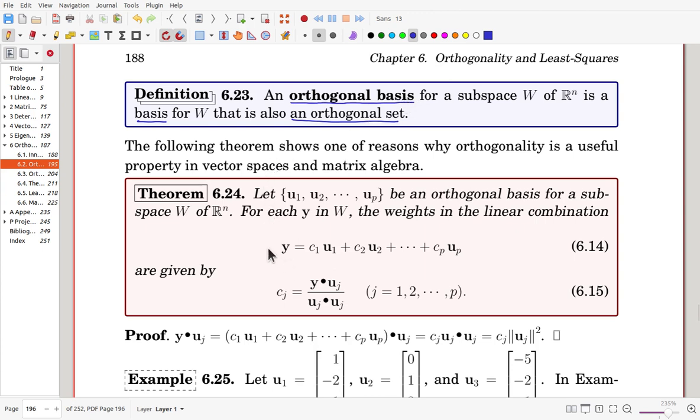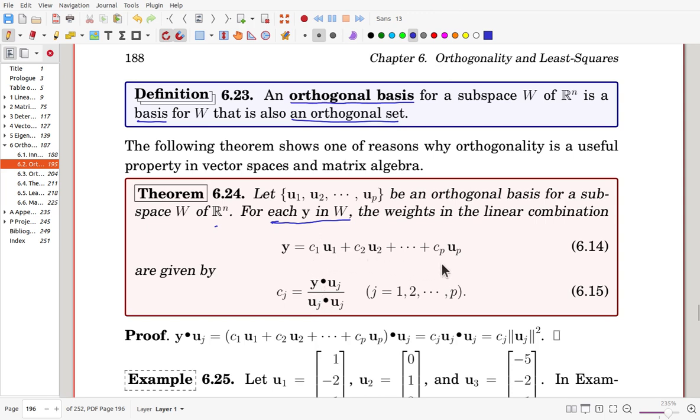This theorem shows one of the reasons why orthogonality is quite a useful property in vector spaces and linear algebra. If U1 to UP is an orthogonal basis for a subspace W of Rn, then for each y in W, the weights in the linear combination are given in this way.